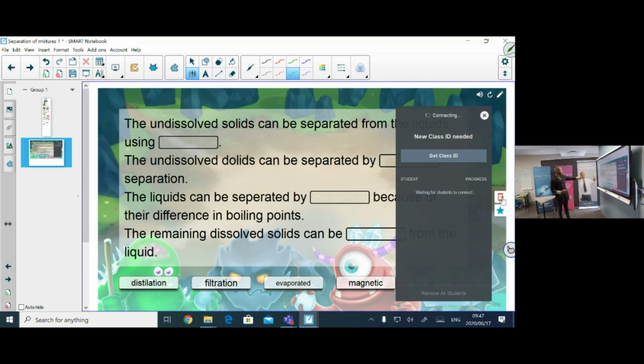So try out that activity, and you should be able to get results immediately as soon as you finish with the activity. It's a nice little activity that will show us how we can use these different methods of separating mixtures.